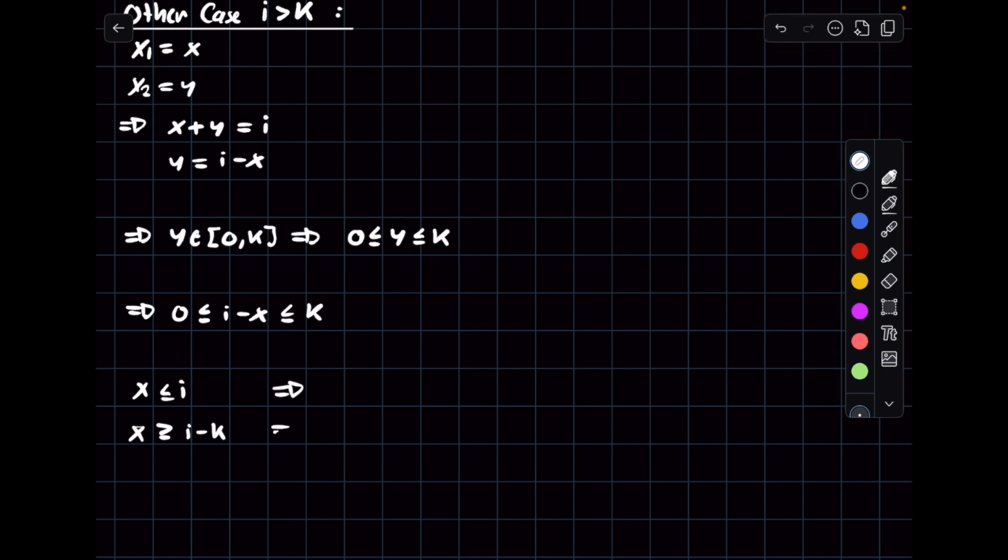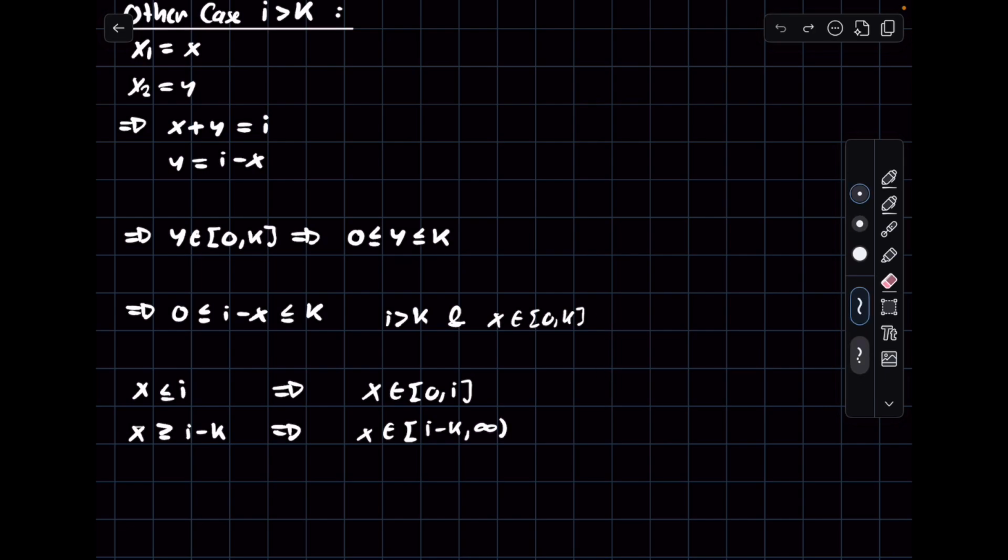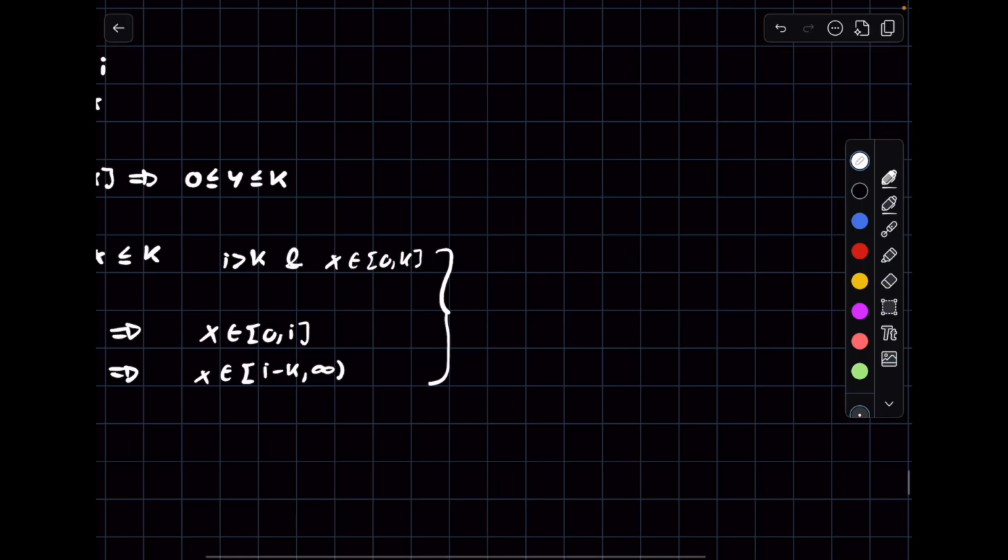So in this case, what defines the difference is the fact that we have I, k, and x has to be between 0 and k. So it's no longer that our subtraction will be a negative number. Therefore, we can say that x can be from 0 to I, and x can be from I minus k to infinity.